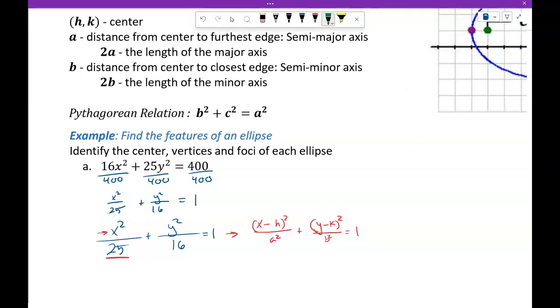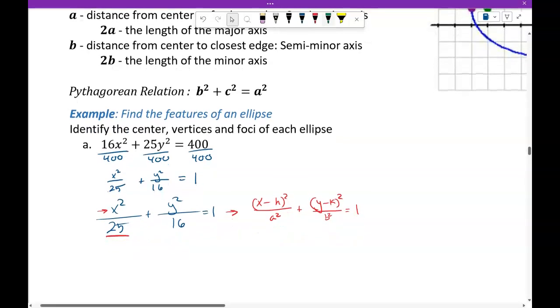Now notice this part's very similar to our circle equation. We're just adding in these values of a and b, and instead of radius, it's set equal to 1. So we're just adding a new layer to our circle because that's essentially what an ellipse is, an elongated or eccentric circle.